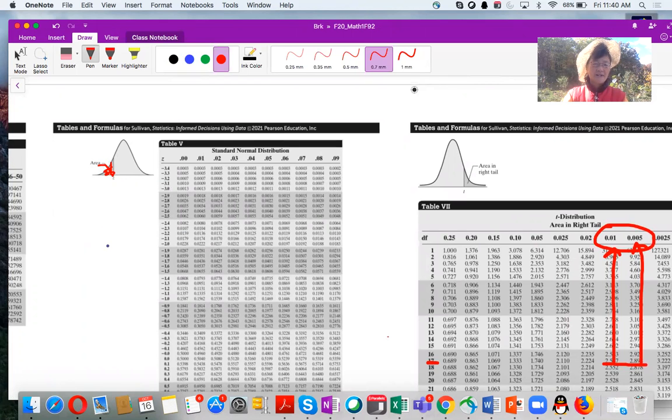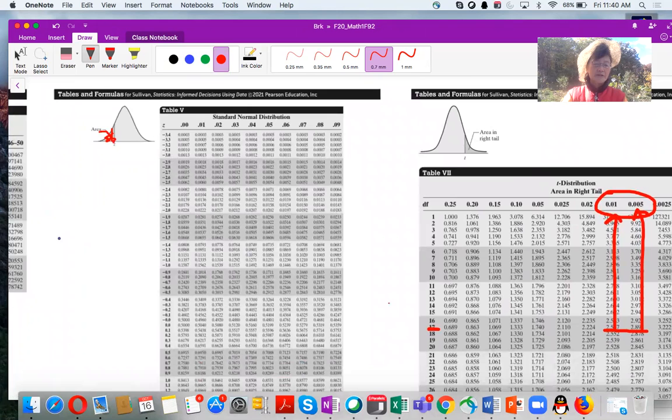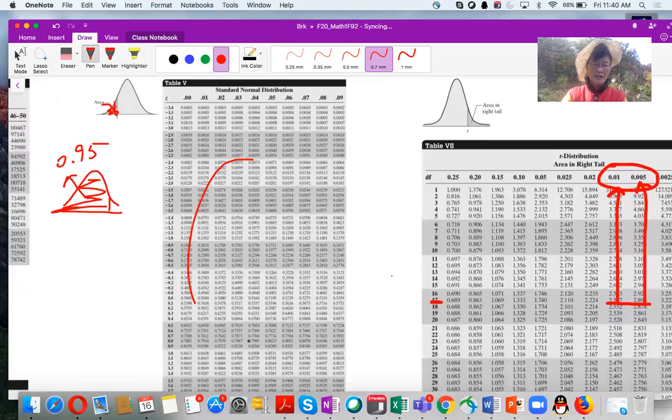Because you are given the right tail area of 0.05, naturally the left part is 0.95, and this table is constructed this way. So locate 0.95 in the table.